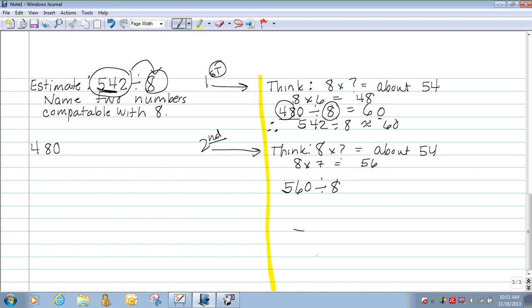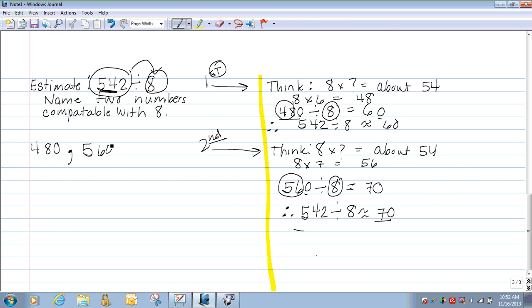I'm going to divide that by 8. I know that 56 divided by 8 equals 7, and I place my 0. Therefore, 542 divided by 8 is about 70. My second compatible number for 542 would be 560.